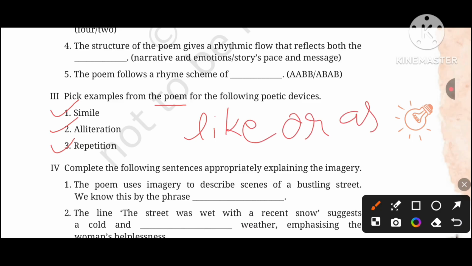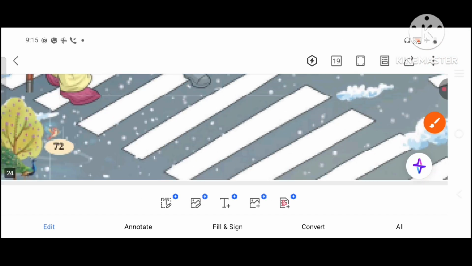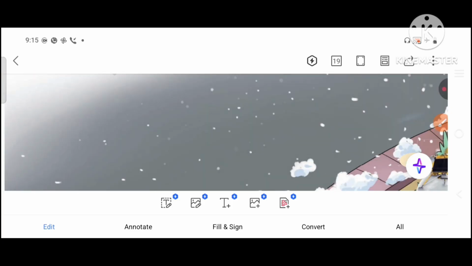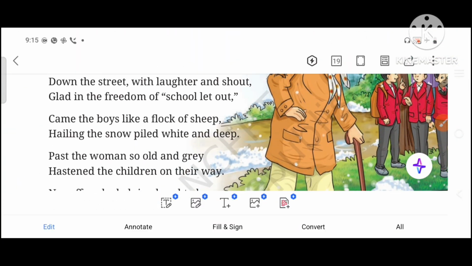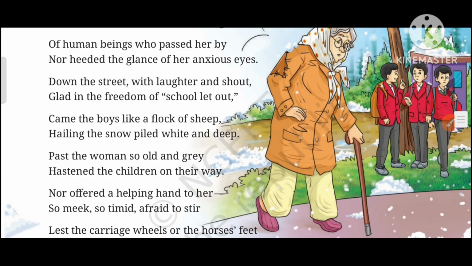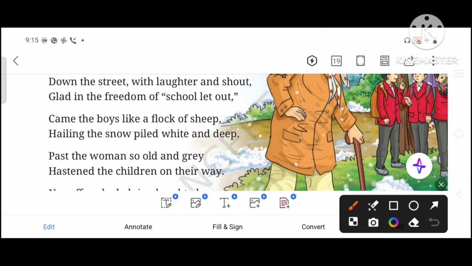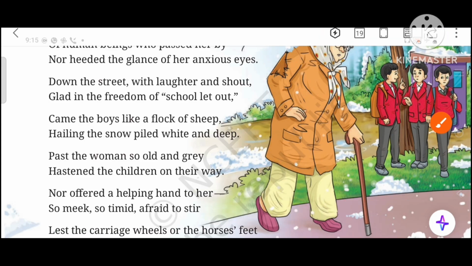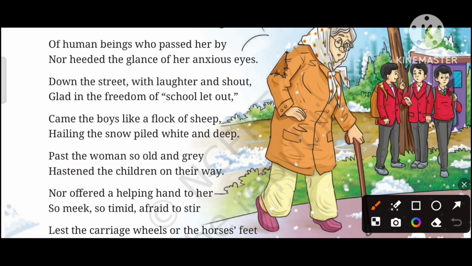A poetic device that compares things using the words like or as. See here, the boys were coming like a flock of sheep. The group of boys has been compared with a flock of sheep here using the word like. So here is simile.